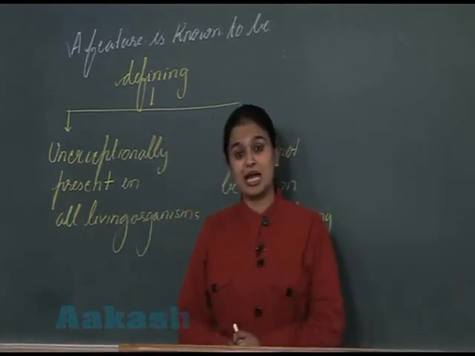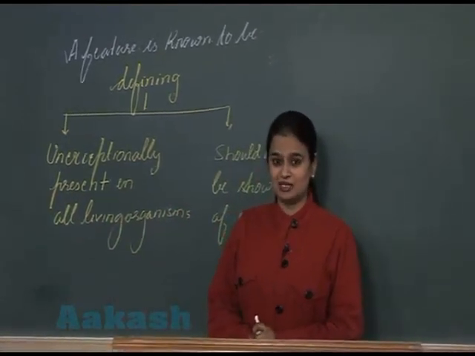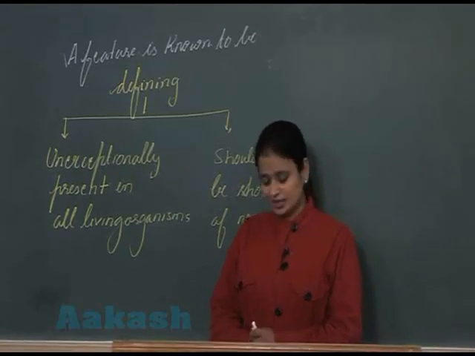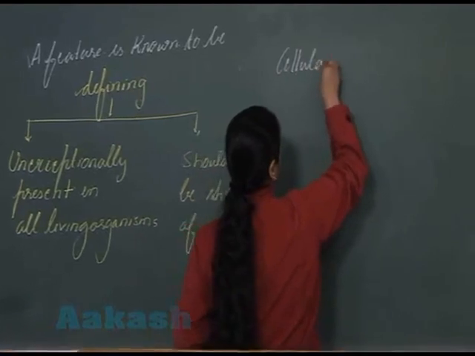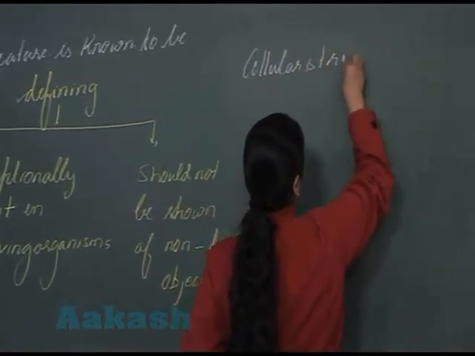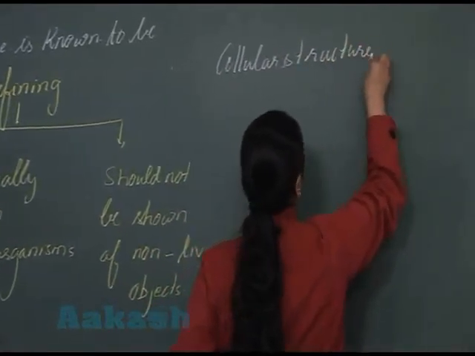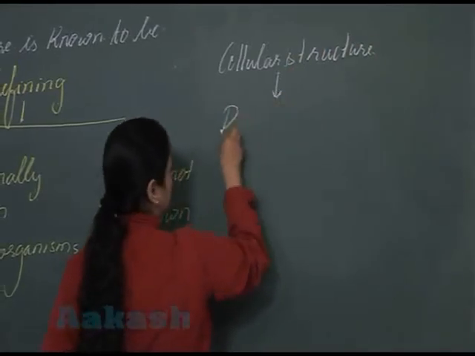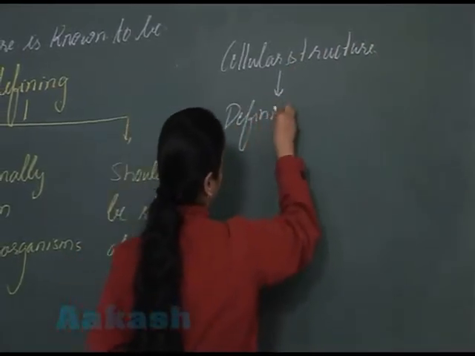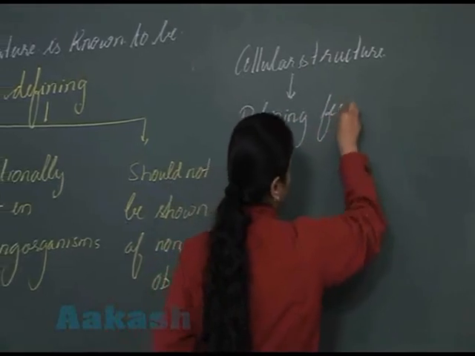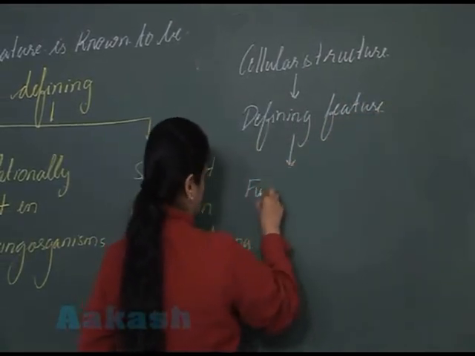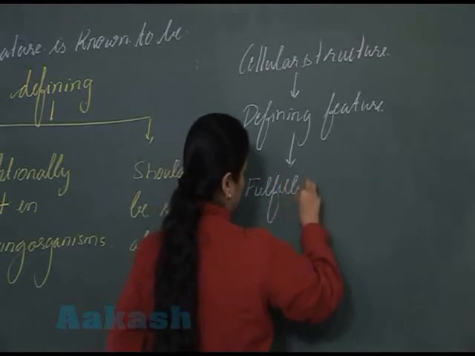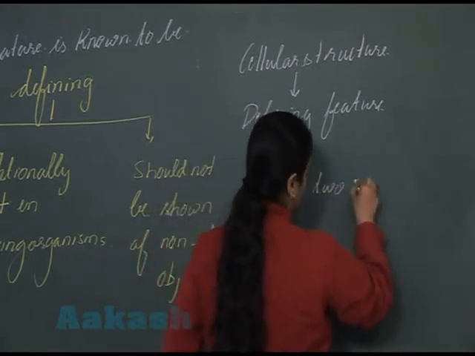That's why it can be known as a defining feature. So this is clear here now. Cellular structure: what are you going to call it? Defining feature. Why defining feature? It fulfills two criteria.